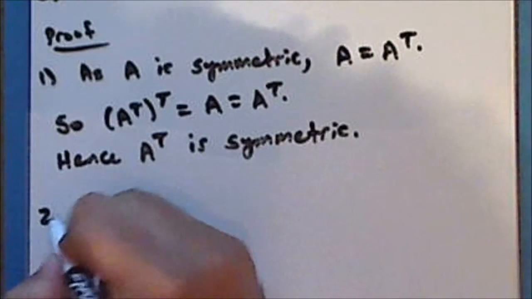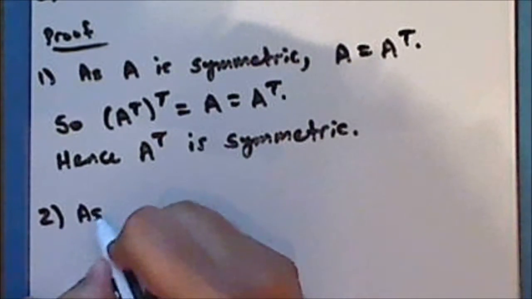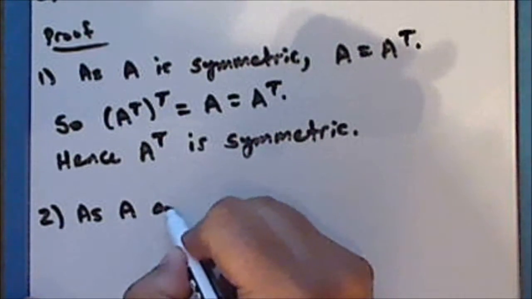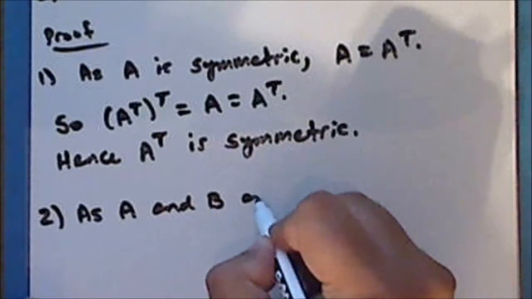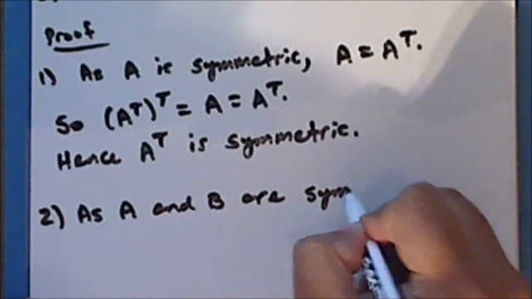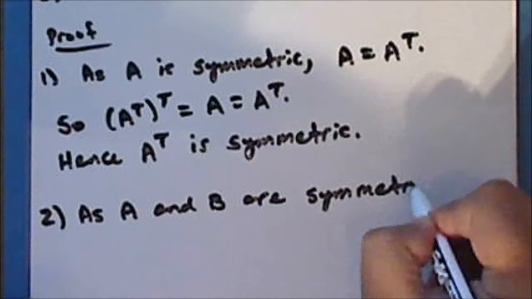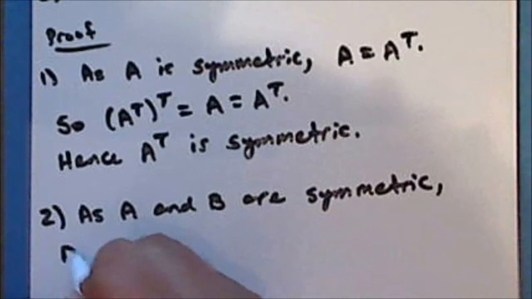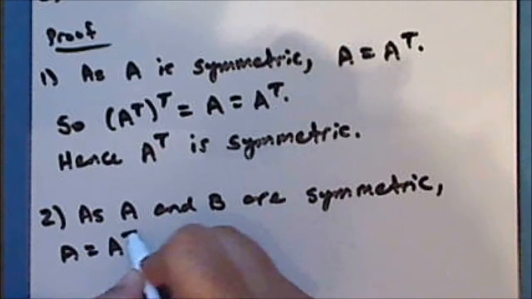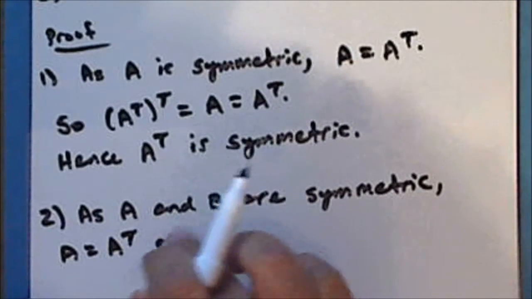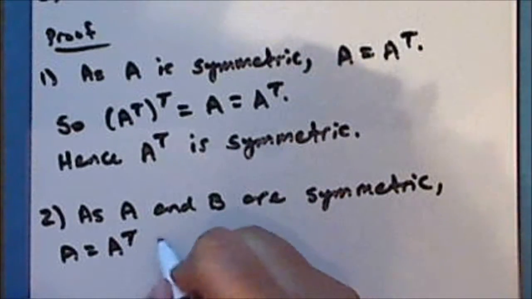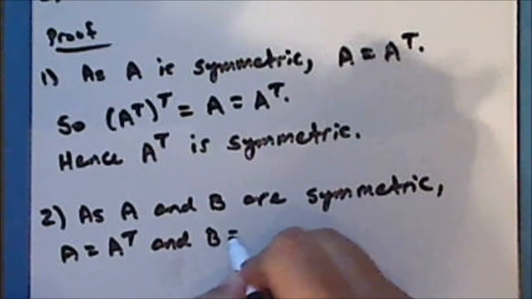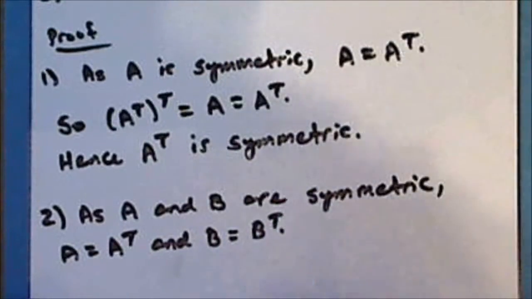Second statement, as A and B are symmetric, we have that A is equal to its transpose, and B is equal to its transpose.